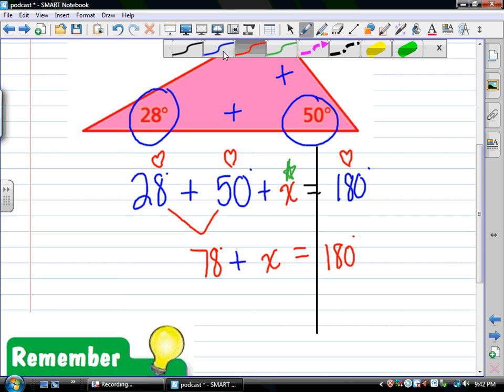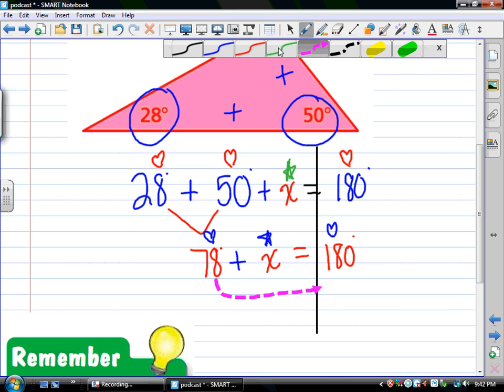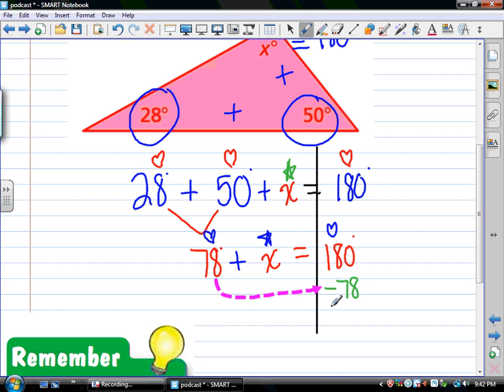Hearts and stars: combine like terms. I'm going to bring the 78 degrees over to the other side. And when I cross the line, I do the inverse. The inverse of 78 is negative 78, or minus 78.